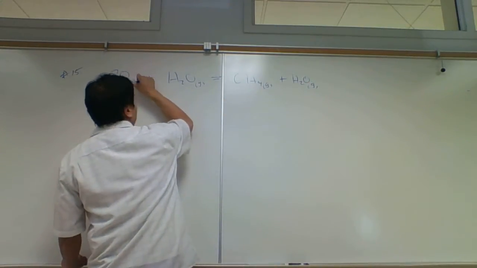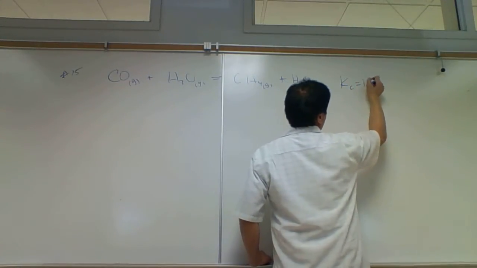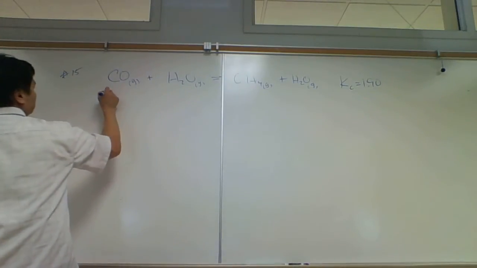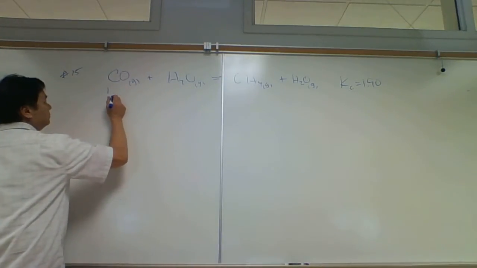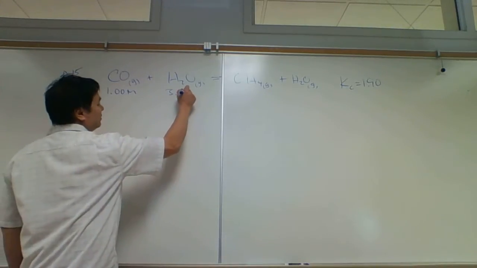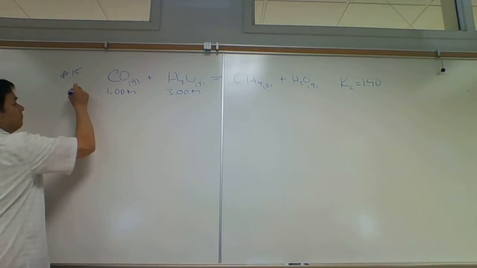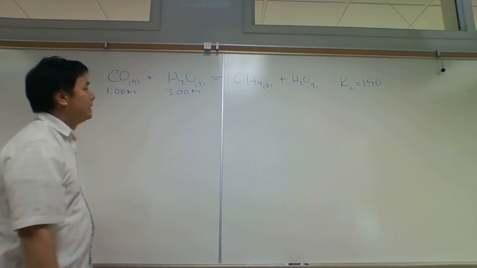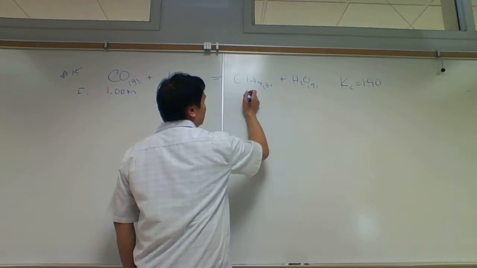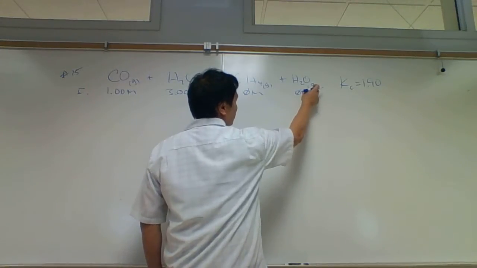Their initial concentrations, I must have given you at least 3 sig figs, right? It was 1.00, yeah. Hydrogen gas. How about the CH4? Zero. And H2O? Zero. So H2O is a gas here.